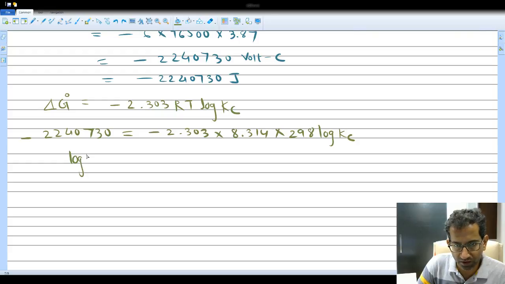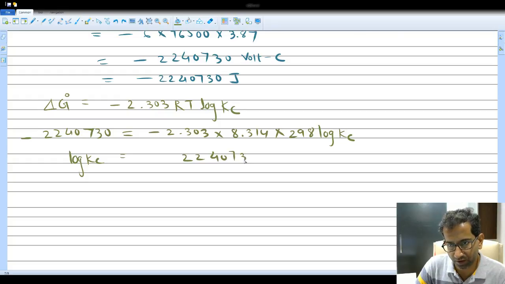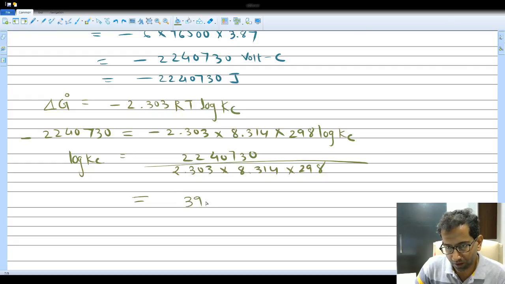So log Kc equals 2240730 upon 2.303 into 8.314 into 298. And the result is 392.7076. You can understand it's a very large value.